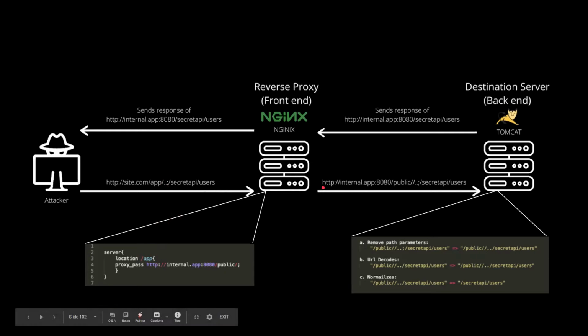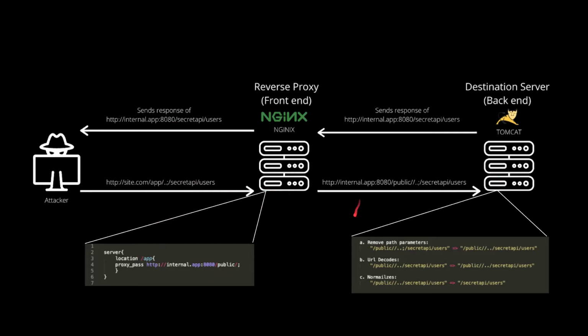So we would make this kind of request, which is internal.app port 8080/public, and whatever is appended to this /app. Now when Tomcat is going to process this URL, as we learned earlier, it is first going to remove the path parameters. In this case, since there is nothing after the semicolon, only the semicolon is going to be removed, so we would end up with dot slash instead of dot semicolon slash. The next step is URL decoding, and again there is nothing to decode.